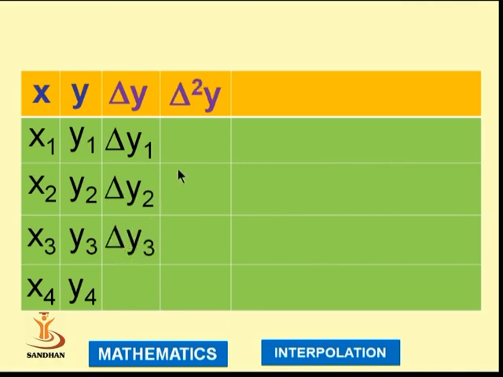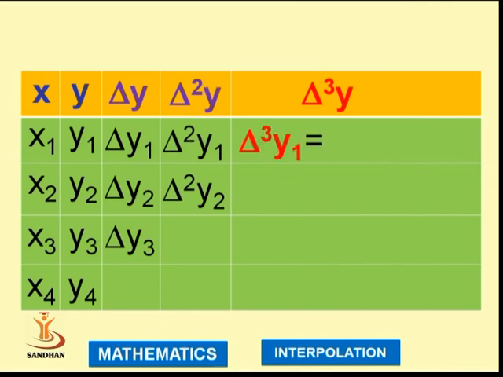We also computed a little while ago the second order forward differences, delta 2y1 and delta 2y2. Now we shall compute the third order forward difference. The third order forward difference at y1 can be computed as the difference of the second order forward differences, which can be given by delta 2y2 minus delta 2y1.